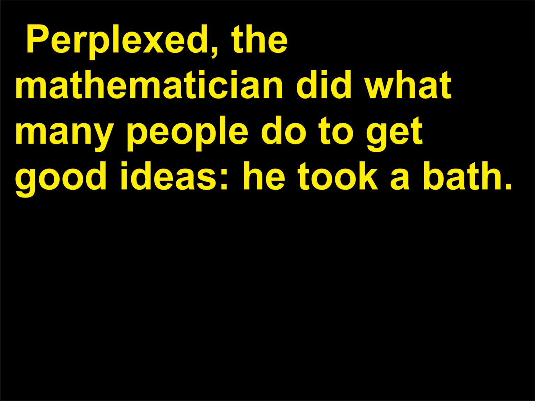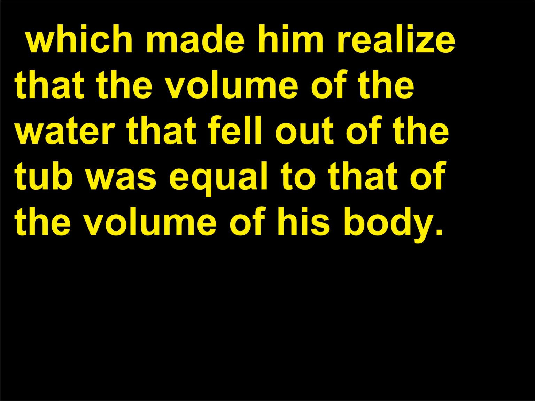Perplexed, the mathematician did what many people do to get good ideas: he took a bath. As he entered the tub, he noticed how the water rose, which made him realize that the volume of the water that fell out of the tub was equal to the volume of his body.